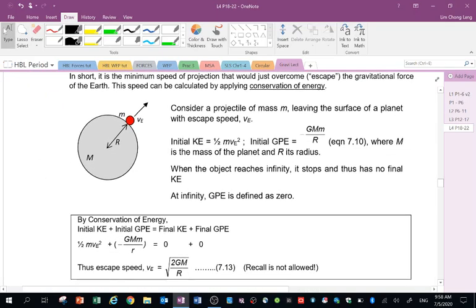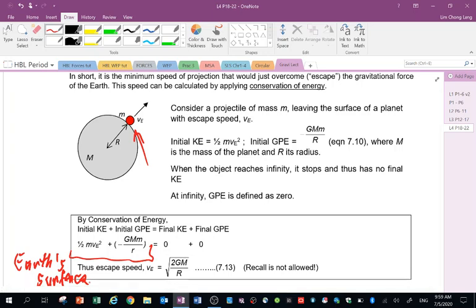So we start from the point earth. Can you see this body is actually at the earth's surface? So this part, the first part here, is at the earth's surface. Okay, let me write down earth's surface. So at the earth's surface, we actually supply a certain KE to the body, and at the earth's surface, the body has a certain gravitational potential energy.